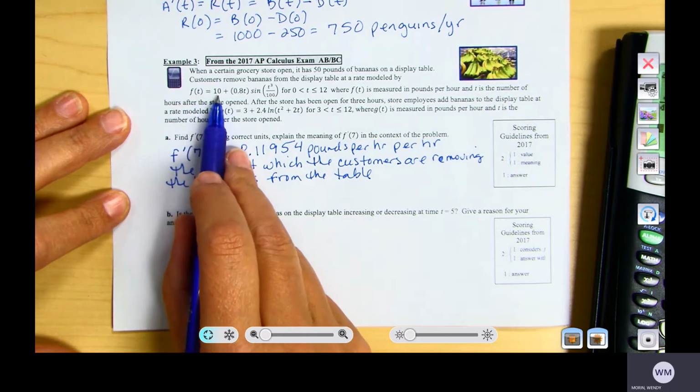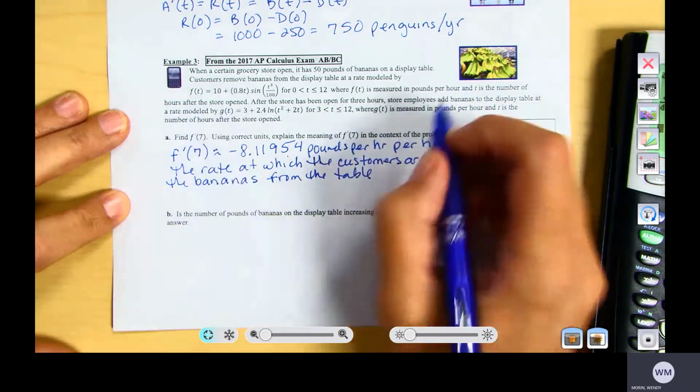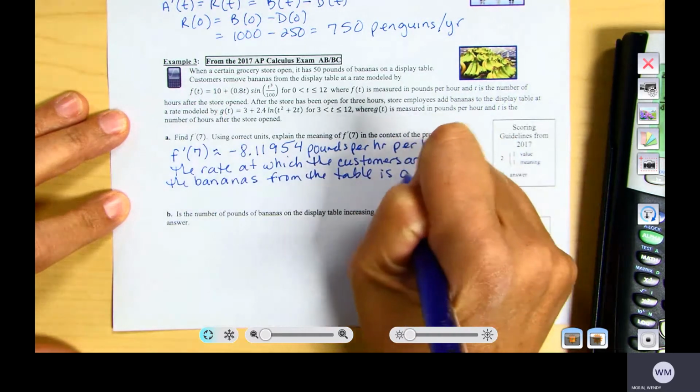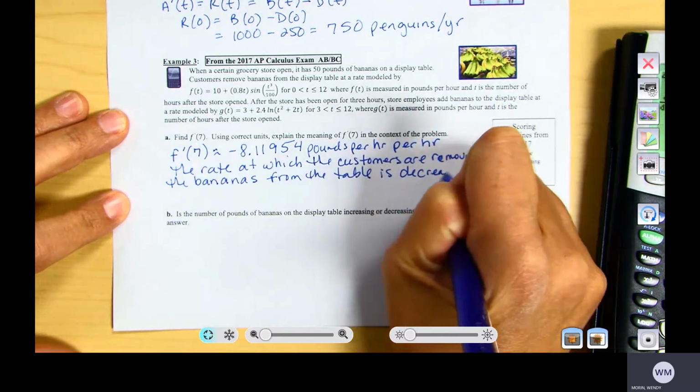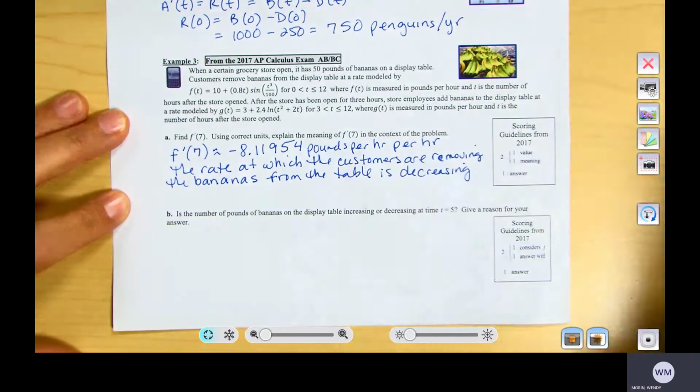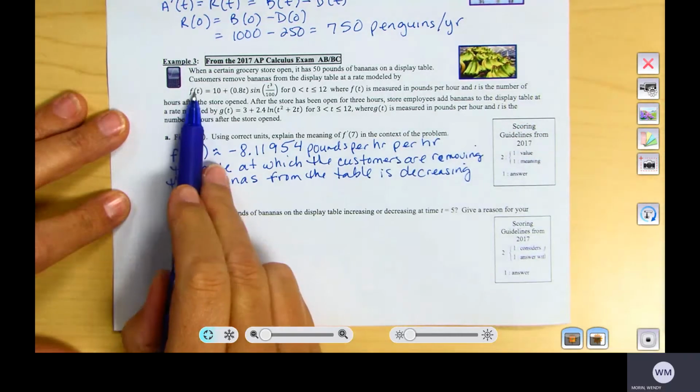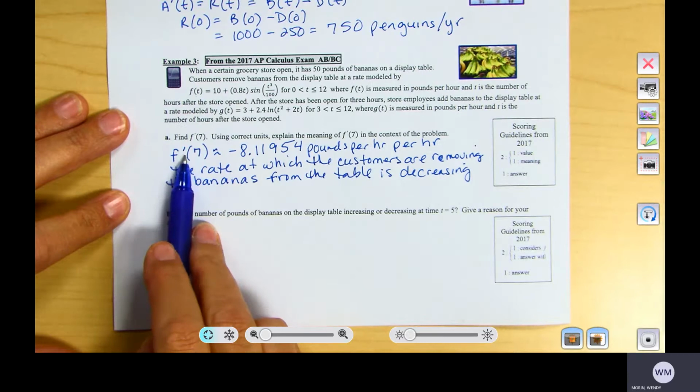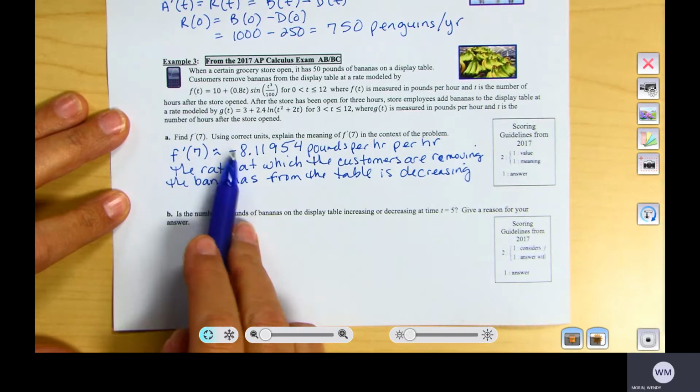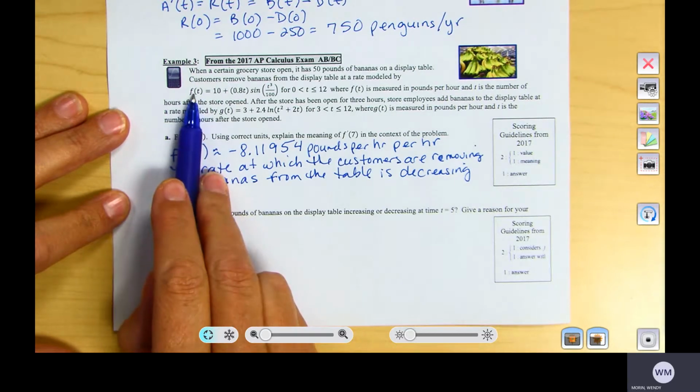this f of t is decreasing. So if you want to think of it, this is your velocity in a sense, and this is your acceleration. Your acceleration is negative, therefore your velocity is decreasing.